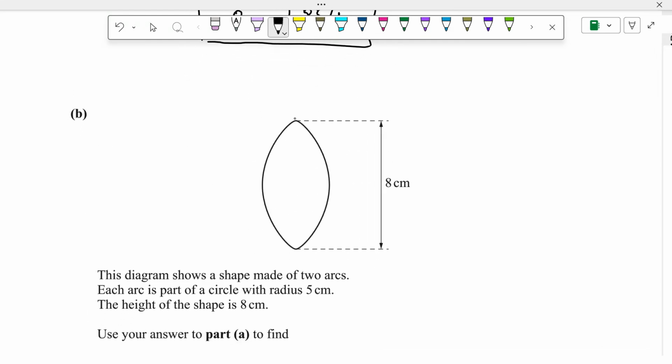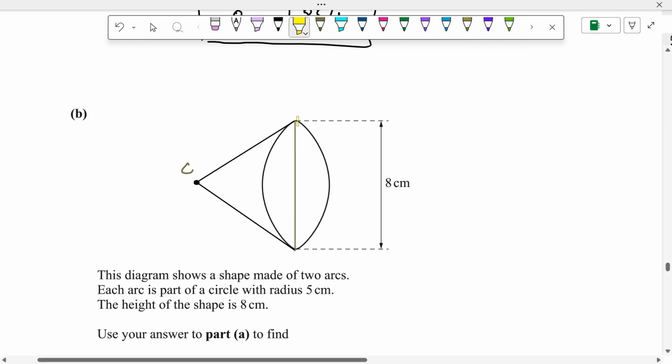Okay, so we can say that this is part of a circle, so if we have the center here, this one is the center of one circle, and this one is the arc.